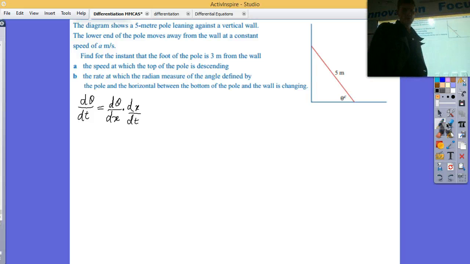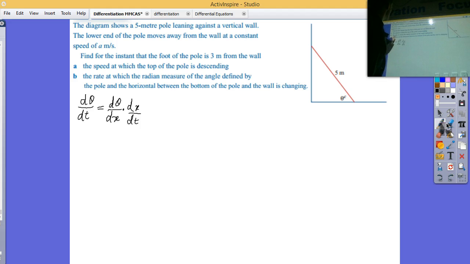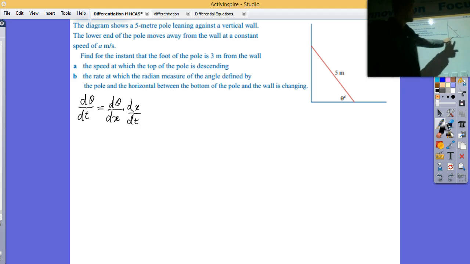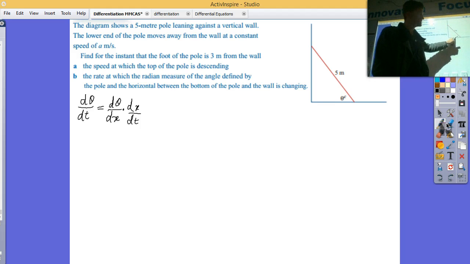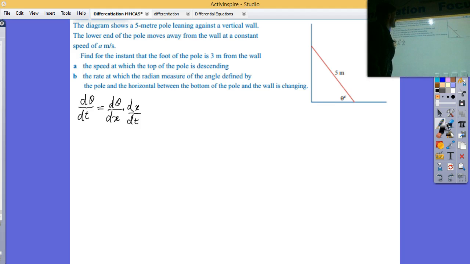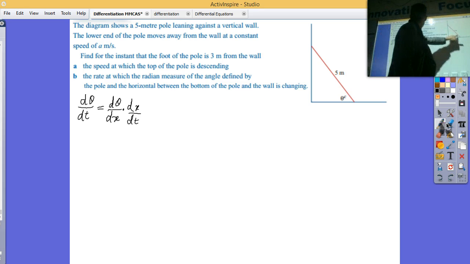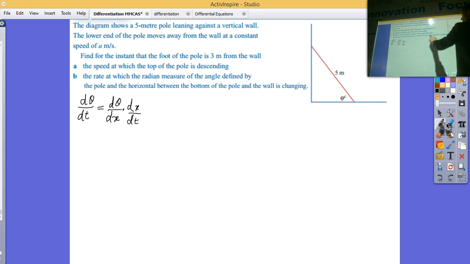Okay, from our previous video we looked at part A and introduced part B of this question. We're interested in the rate at which the radian measure of the angle, the size of this angle measured in radians, is changing. This angle is defined by the pole and the horizontal between the bottom of the pole and the wall, there and there.